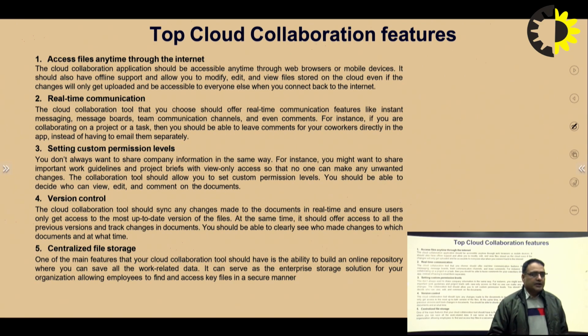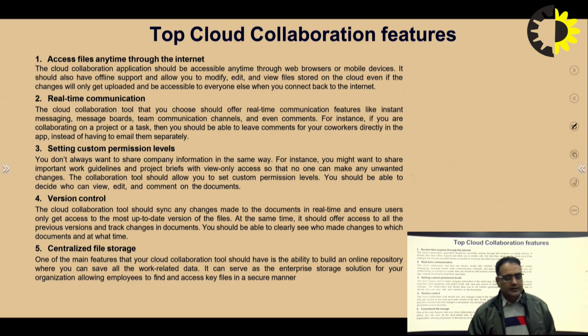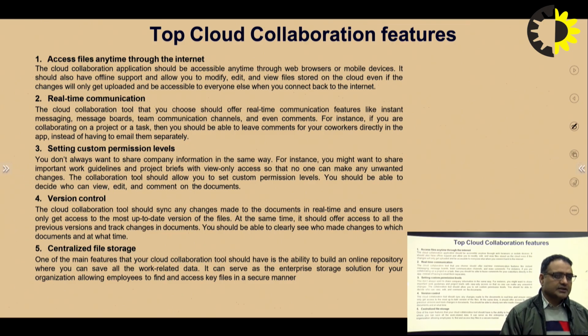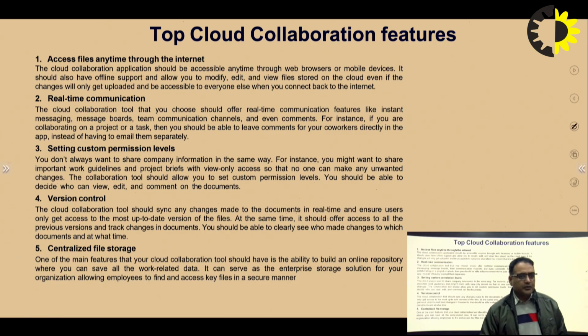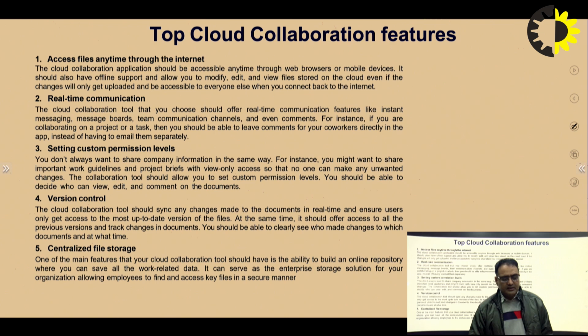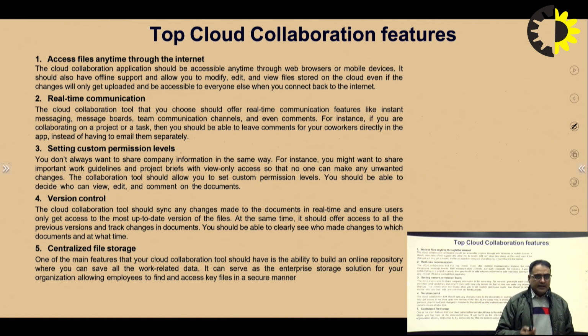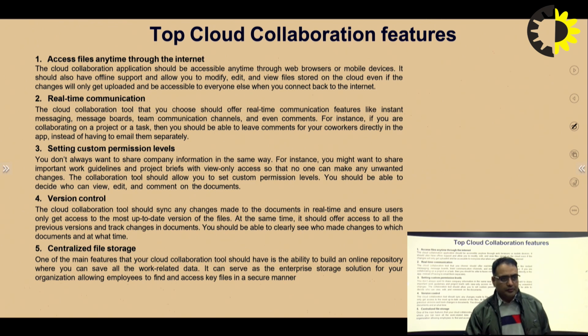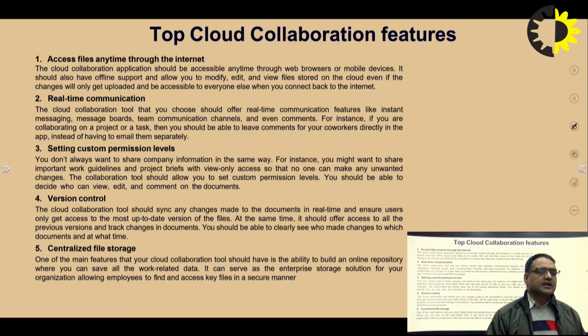Top cloud collaboration features. Here in this slide we can discuss the cloud collaboration features. One, access files anytime through the internet. The particular file is available on Google Drive, and we can share the link of the document with users.